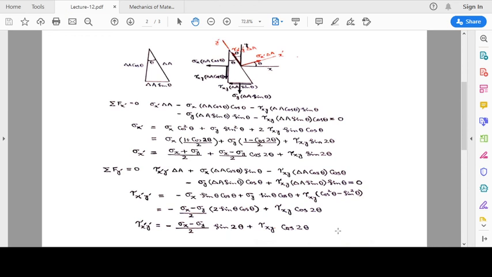When the stresses on the vertical and horizontal plane, which are sigma x on the vertical plane and sigma y on the horizontal plane at the top, are known to us, and we want to find the stresses on an oblique plane which is making an angle theta, then we can use these relationships to find the normal and shear stress on that oblique plane. So we are going to transform the given stresses to a plane which is making an angle theta with the x or y direction.